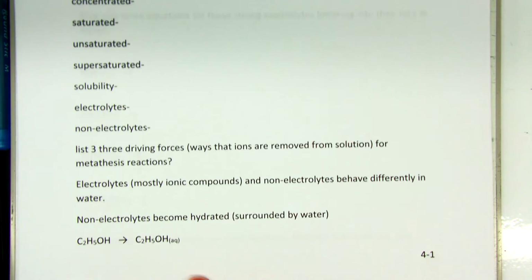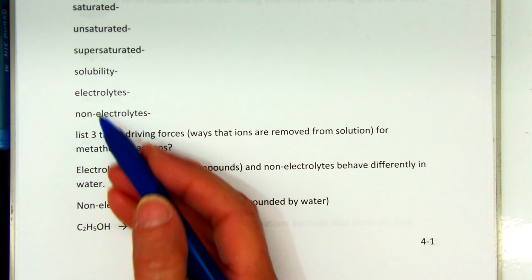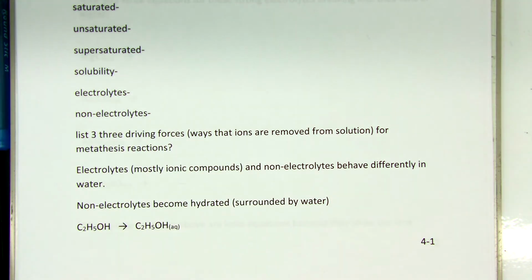And the other that I need to mention, in case you haven't gone ahead and looked at this, is electrolytes and non-electrolytes. When you think of an electrolyte, what do you think of? Gatorade, that's the number one answer. And what does Gatorade have? Salts. Okay, it has salts. It has potassium ions because there's potassium salts in there.